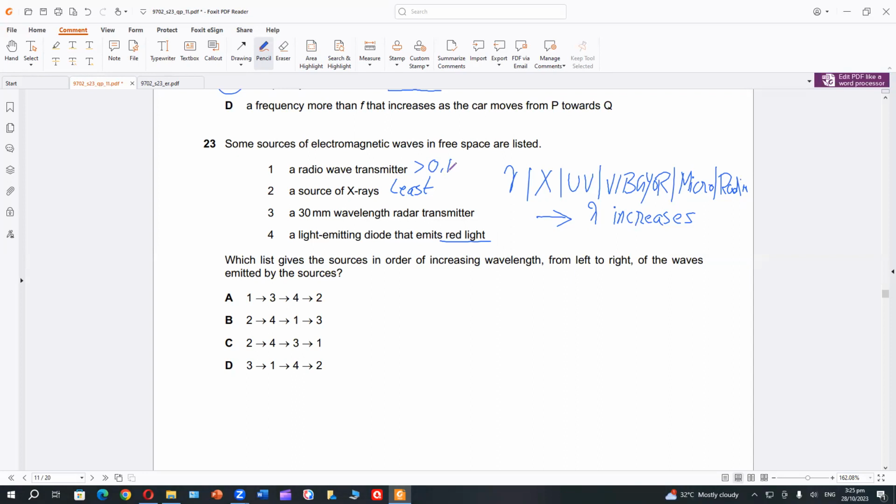But he says 30 millimeter. So radio wave is 0.1 meter. And this radar is 30 upon 1000. How much would that be? 0.03. So it's still smaller. Now it's a good comparison. So it means that 1 and 3, the radar is smaller, right?